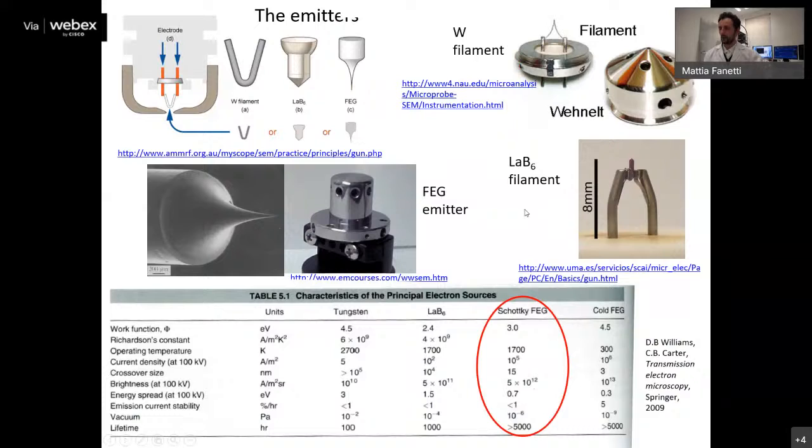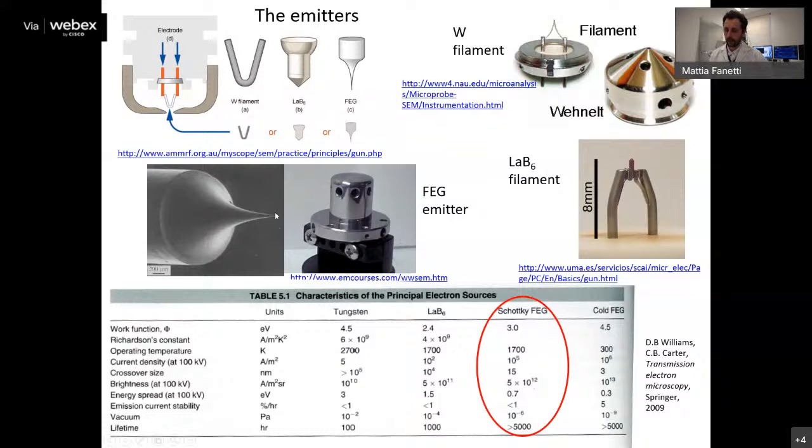In our microscope, we have a field emission emitter. And here you can see an image of a field emission filament. It is made of tungsten, typically, and it has a very sharp tip.